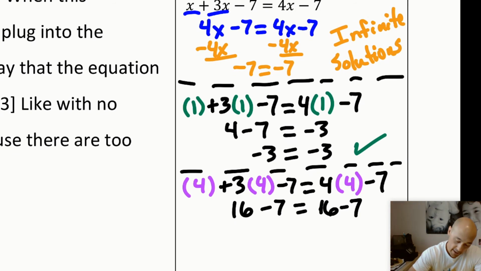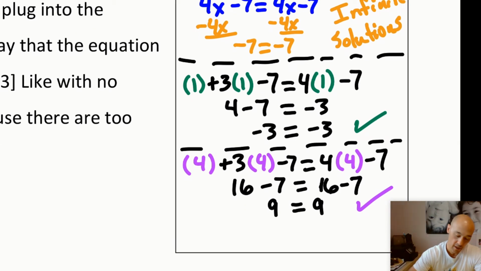On the left and the right, 16 minus 7 is 9 for both of them. So that means 4 is a solution to the equation.